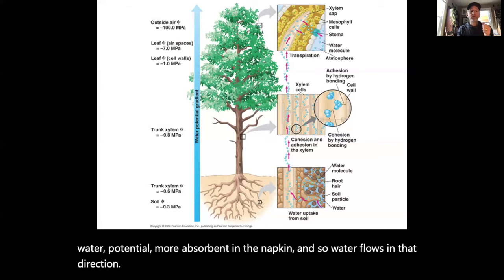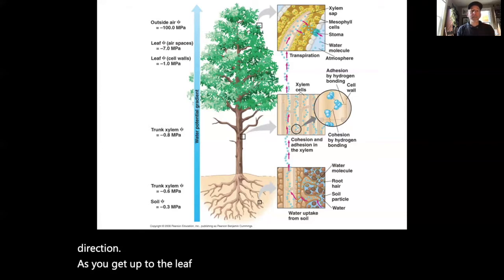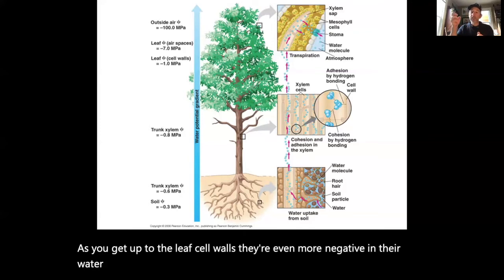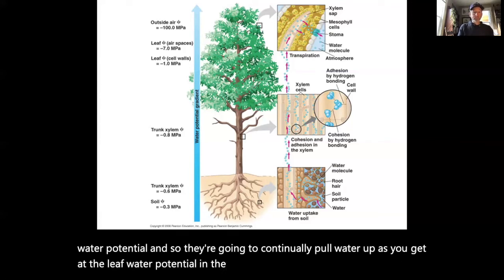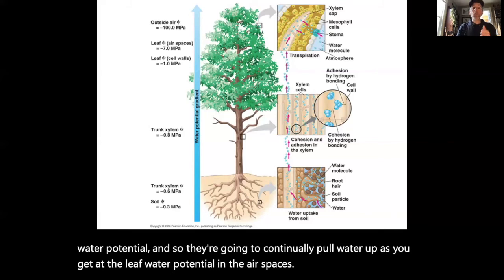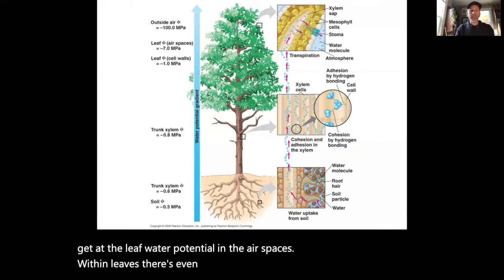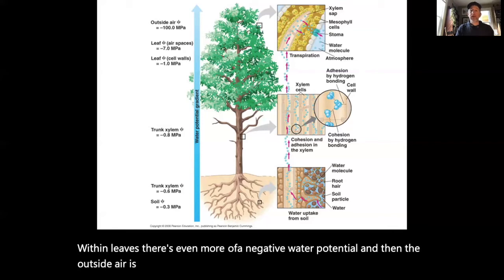As you get up to the leaf cell walls, they're even more negative in their water potential, and so they're going to continually pull water up. As you get to the water potential in the air spaces within leaves, there's even more of a negative water potential. And then the outside air is probably 10 times more negative of a water potential than that.